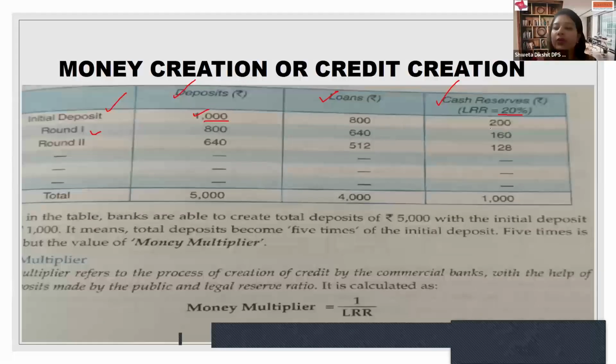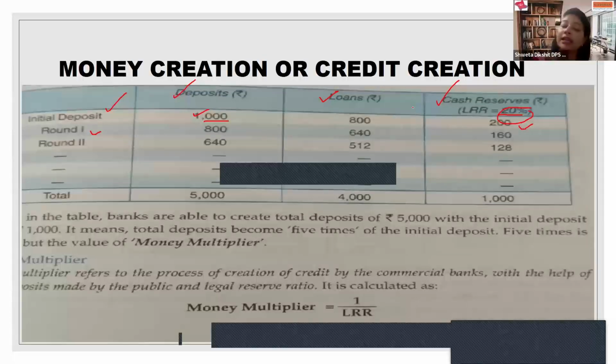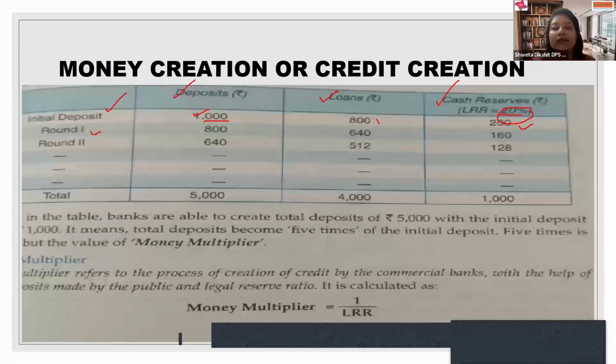They have to keep some percentage as LRR as per the advice of the RBI. If 20% is the LRR, as the assumption says, then 20% of 1,000 is 200. So 200 is reserved with the bank in the form of LRR, which we studied in the AD-AS chapter also. The remaining 800 is further advanced as a loan by the bank.